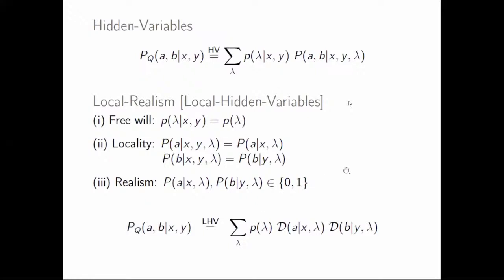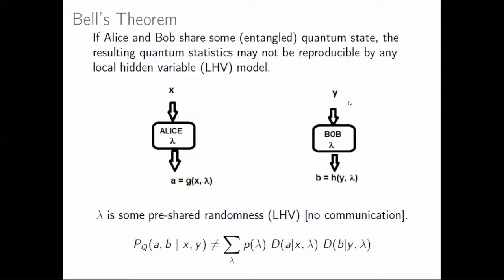So if we give these physical attributes to our hidden variable, then the question is whether all quantum probabilities can be written in this way, or can it be decomposed in this way? So this was the question from where Bell inequalities emerge.